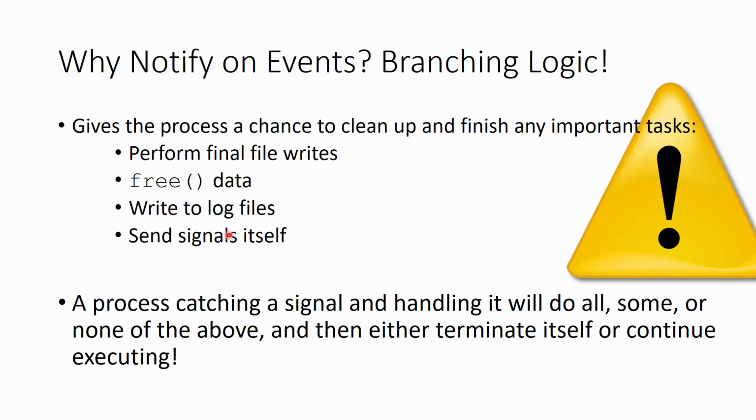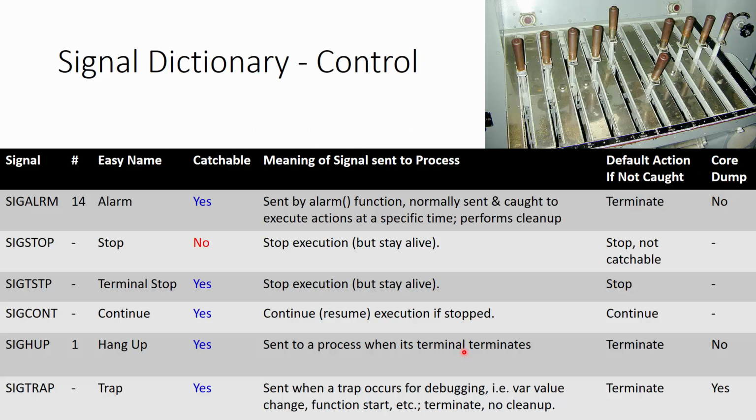It won't do its default action unless you said do the default action. If you have it target one of your own signal handler functions, that signal is gone. You can still, though, after you do these things, terminate your process if you like. And that's usually a good idea. So if you're receiving sigints and sigterms and sigquits, maybe ignoring them and writing to the log file isn't the best. Maybe you really should terminate your process.